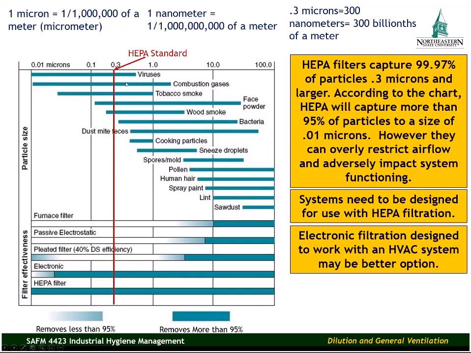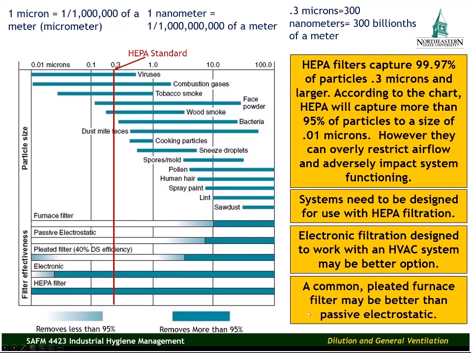And I'll say it one more time to beat a dead horse: you're not going to capture a lot of viruses because they're too small to be captured by a HEPA standard filter. Another thing to consider, a common pleated furnace filter may be better than a passive electrostatic filter.